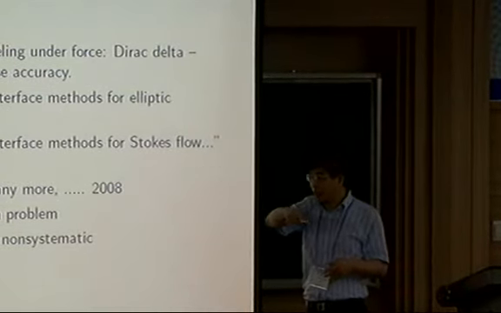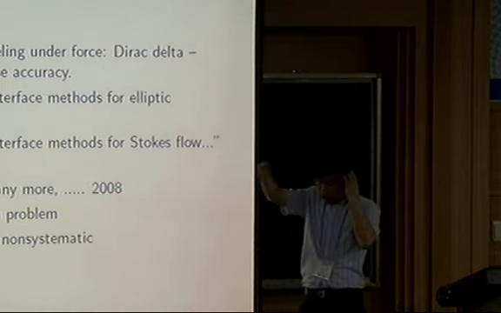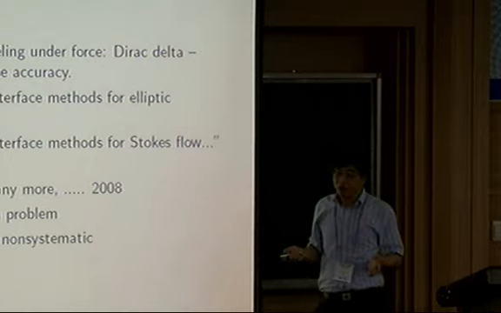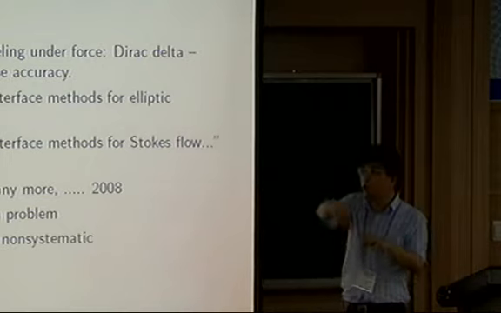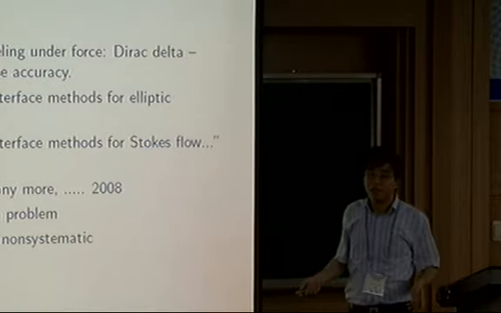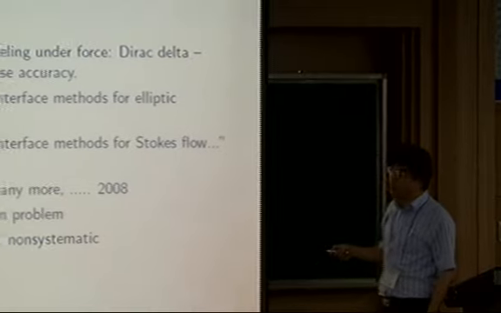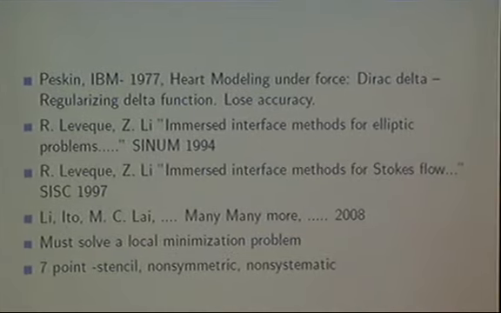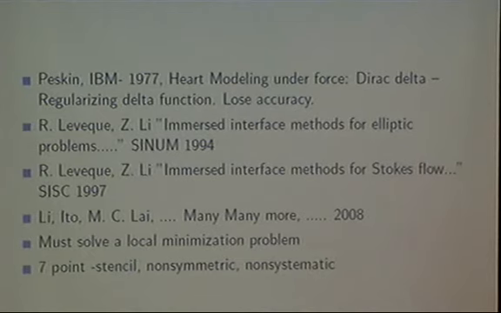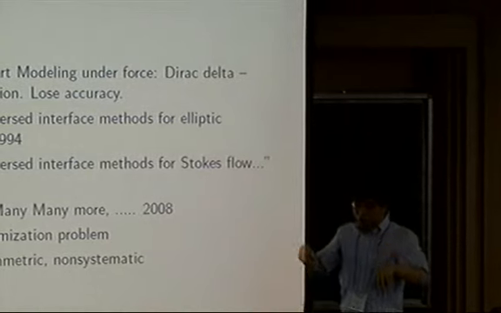It's parallel to the axis, x direction and y direction. Then it's very easy to write down the stencils. But with a smooth domain or smooth interface, the finite difference is really complicated. And the method is not unique. So they have to solve a local minimization problem.